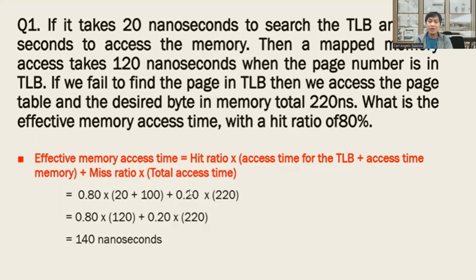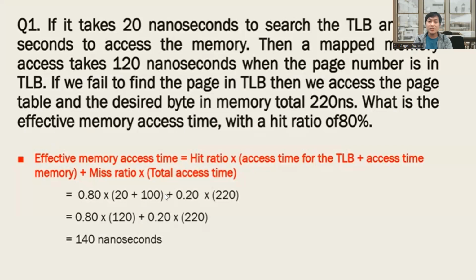So using the formula, we can directly plug in the given values. If we have a hit ratio of 80%, it is multiplied by 20 nanoseconds, given that the TLB will be searched, and 100 nanoseconds to access the memory.